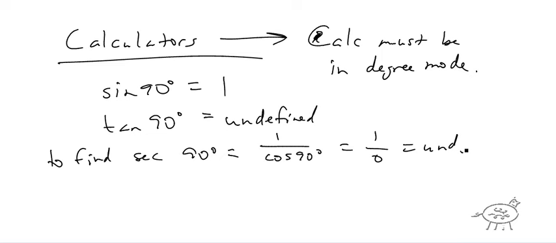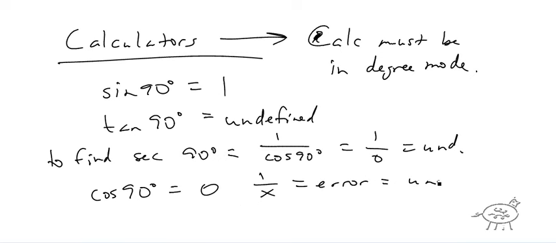So you can either set it up this way, or you can do cosine of 90, hit equals, and it'll give you 0, and you can use the 1 over x button on your calculator. That's going to give you an error, which is, of course, undefined.